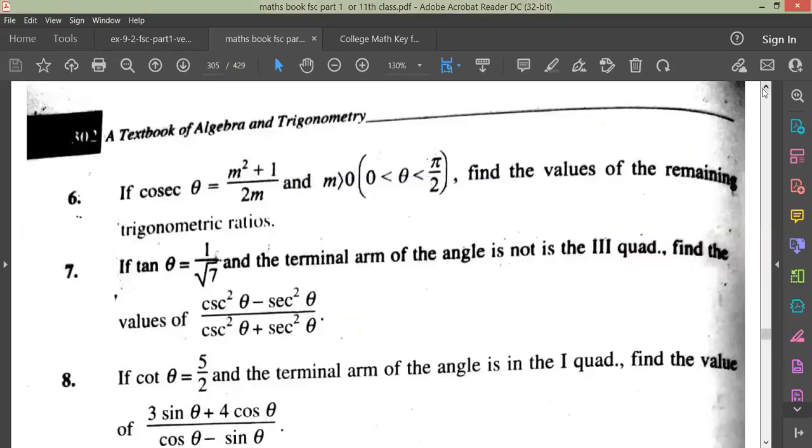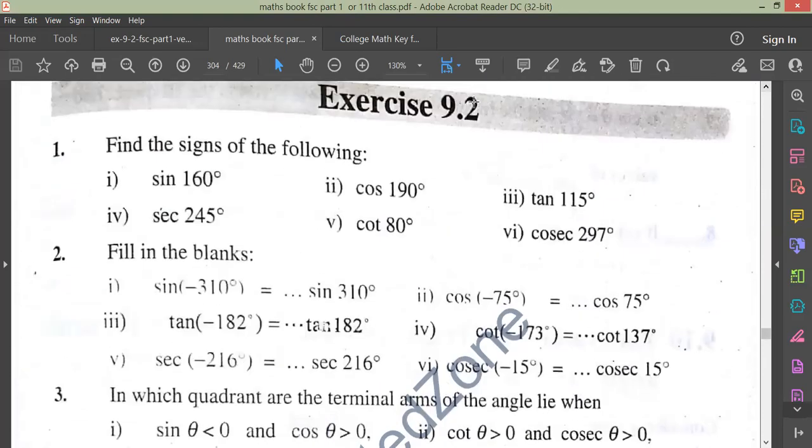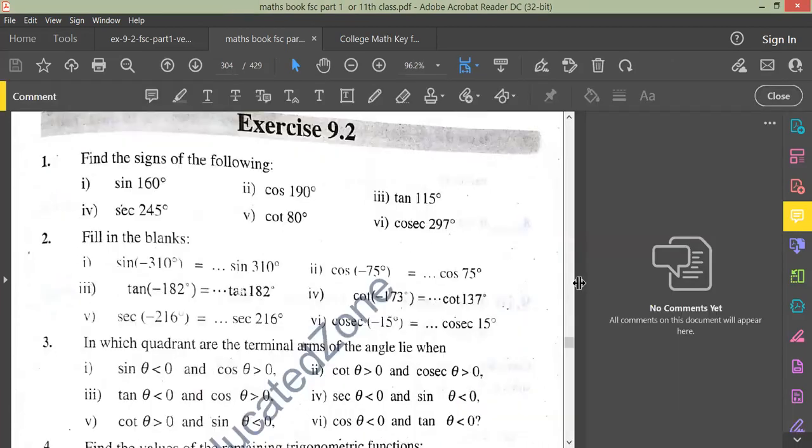This is our exercise 9.2. Question 1 is to find the signs of the following. We know about the signs of all the trigonometric ratios. Let's discuss sine 160.